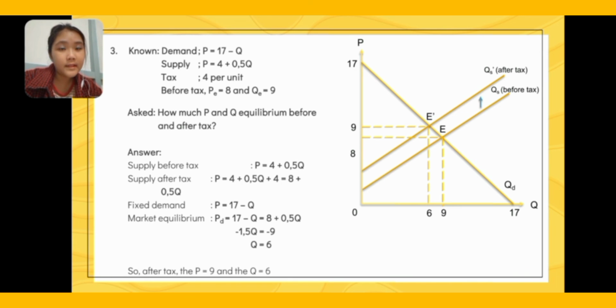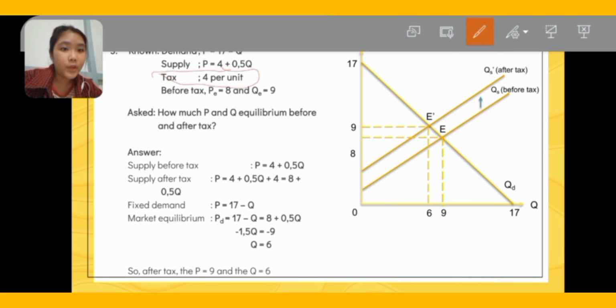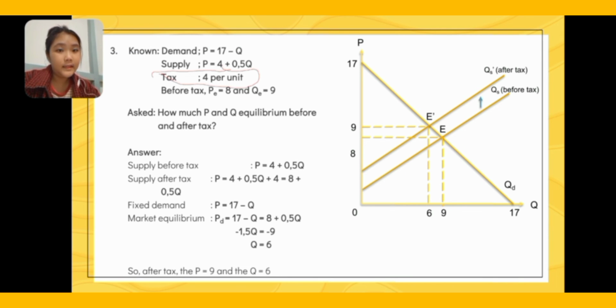The 4 is from the tax here, 4 per unit, so 4 plus 4 is 8, plus 0.5Q. And the fixed demand is P equals 17 minus Q. The market equilibrium price demanded, 17 minus Q, equals 8 plus 0.5Q. This is the formula of market equilibrium: QD, quantity demanded, equals QS, quantity supplied.